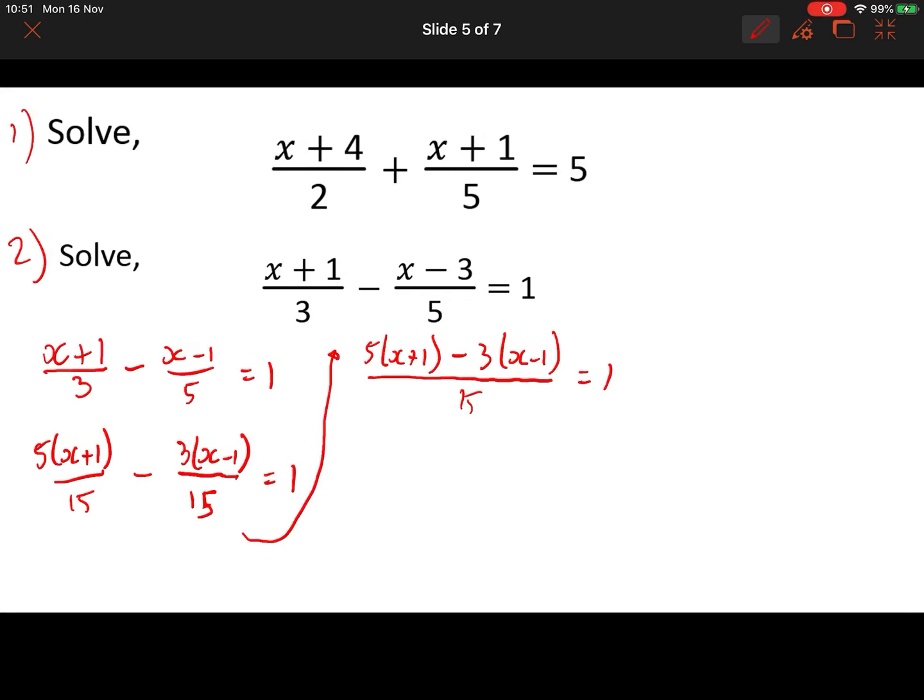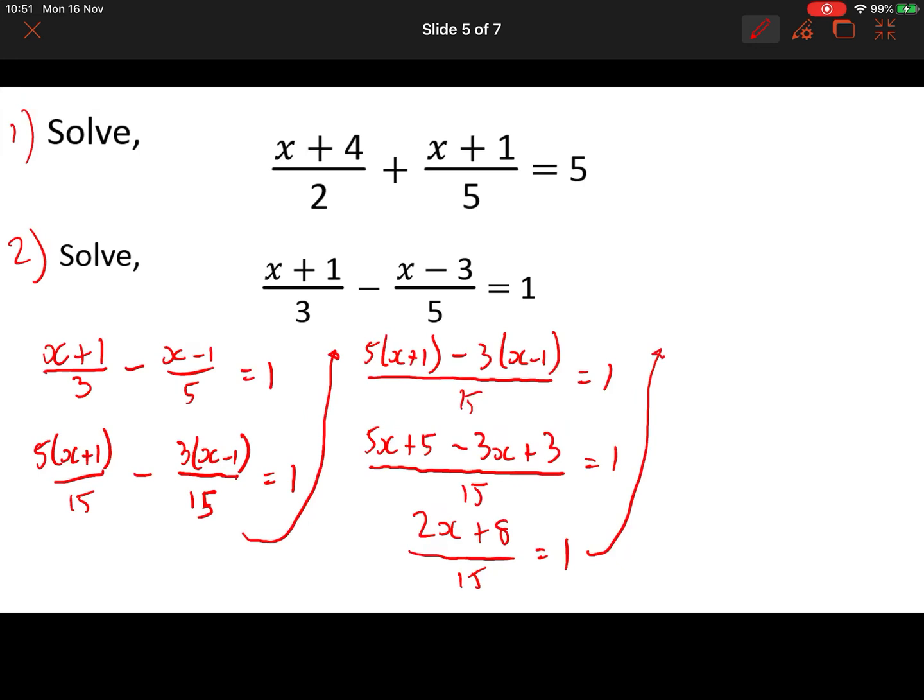So now expand and simplify the numerator. 5x plus 5 minus 3x plus 3, plus 3. Minus 3 times minus 1 is a plus. Don't get that wrong. Okay, and now simplify. I'm going to get 2x plus 8 over 15 equals 1.